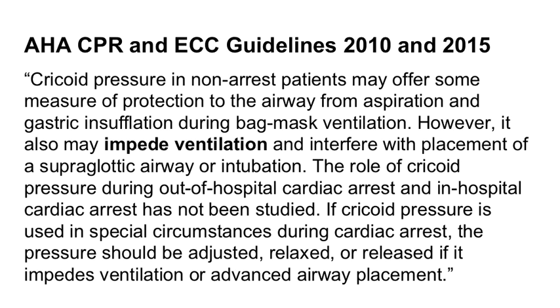The role of cricoid pressure during out-of-hospital cardiac arrest and in-hospital cardiac arrest has not been studied. Therefore, if cricoid pressure is applied in special circumstances where you suspect higher risks of aspiration, you may want to consider applying it during cardiac arrest. However, this cricoid pressure should be adjusted, relaxed, or released so as not to impede ventilation or the placement of the endotracheal tube.